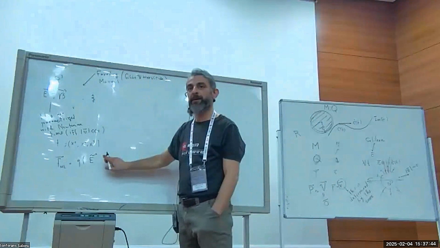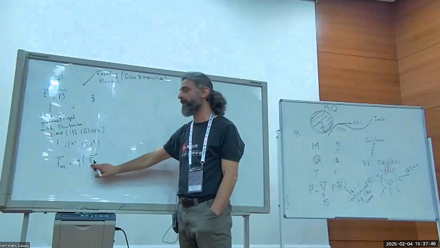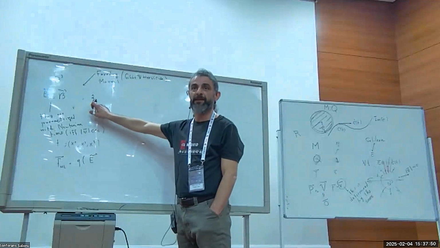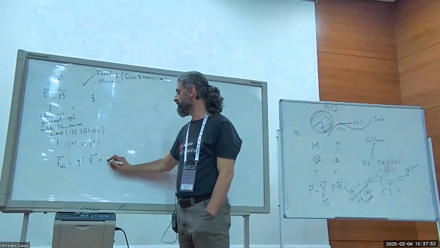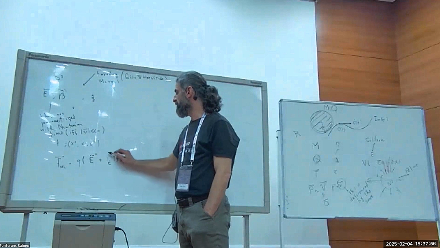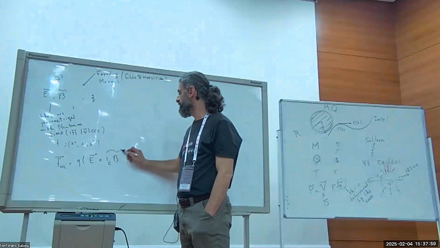I'm carrying this here because it's the metric dual of the one-form field E with respect to the g hat metric, plus the time derivative of B tilde.